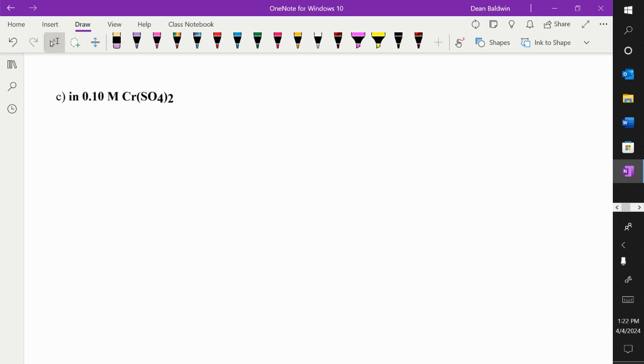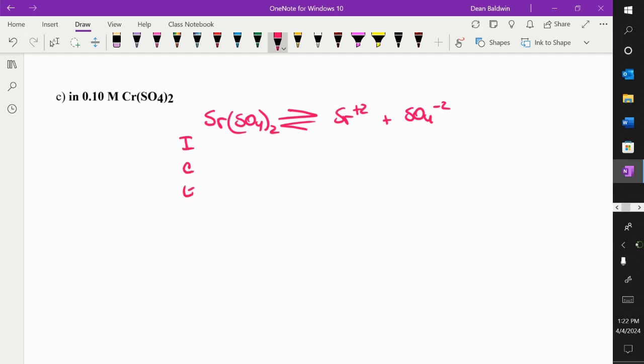Okay, so we've got a beaker of 0.1 molar chromium sulfate. All right, we write our ice table for the solubility of strontium sulfate. So we know it does this. Why is there a two on the sulfate? That's the charge.